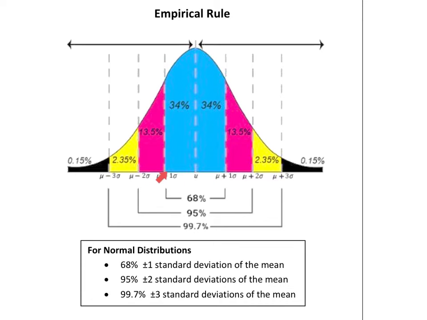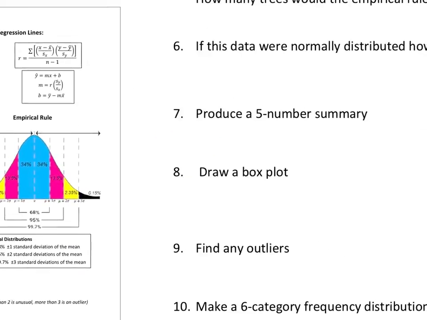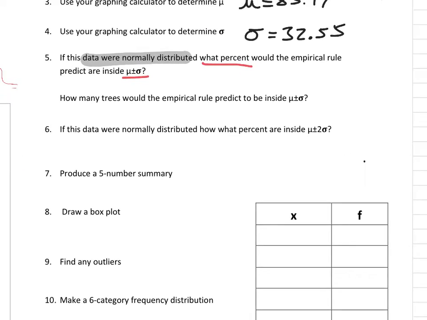So that's plus or minus, that's 34% plus 34%, that's 68%. Now we have to find out how many trees that would be. Out of the 37, we'd have 37 times 0.68. To find 68%, we take 37 times 0.68.